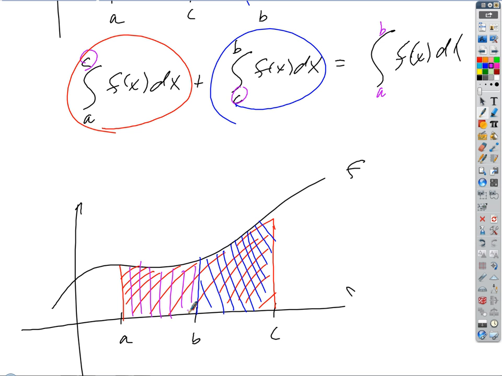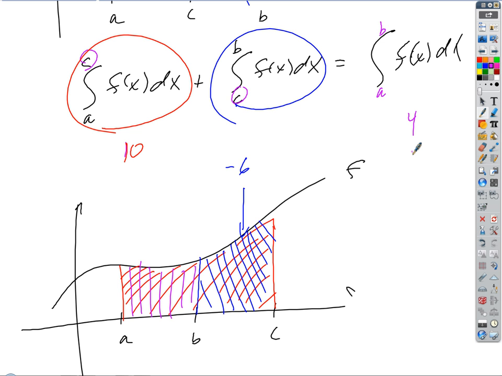Hypothetically, let's say that this is equal to 10. And let's say that this blue area down here is equal to 6, right? Well then, if I'm adding it backwards, that's going to be a -6, isn't it? And so we end up with the purple area being 4, right? So it works. It's pretty cool.